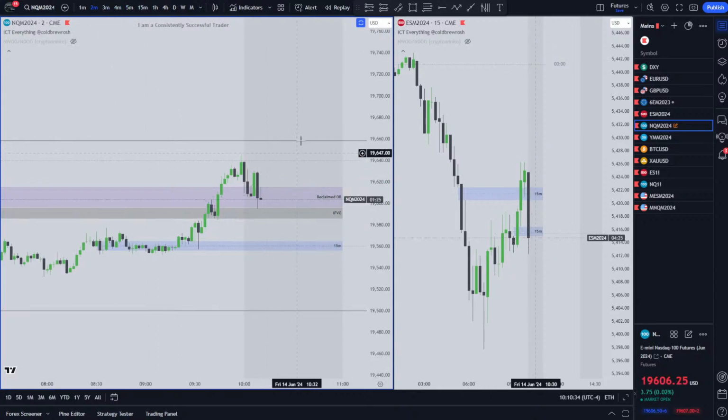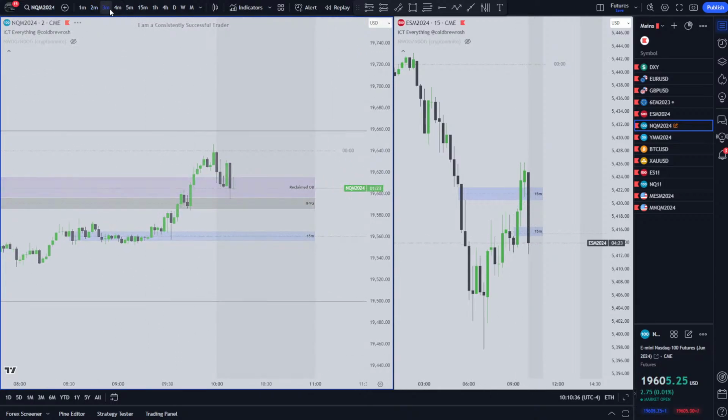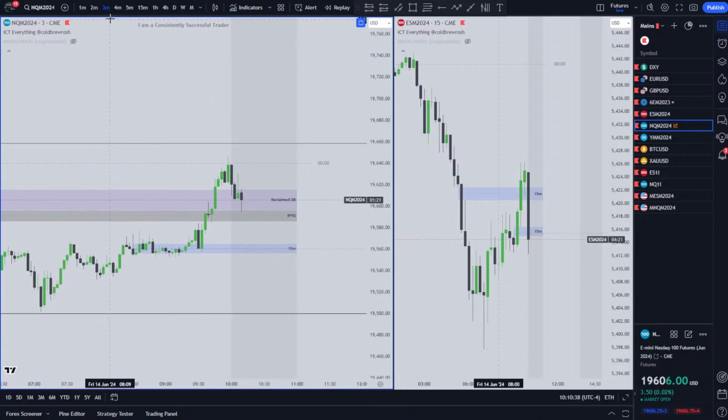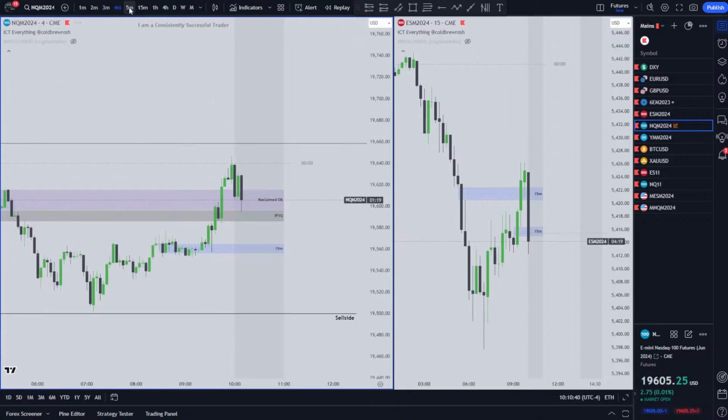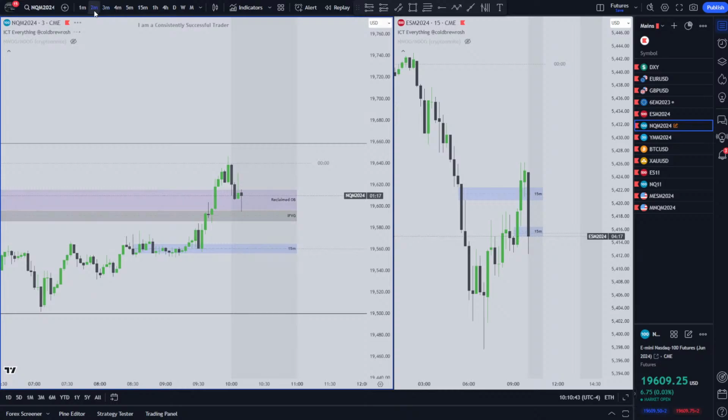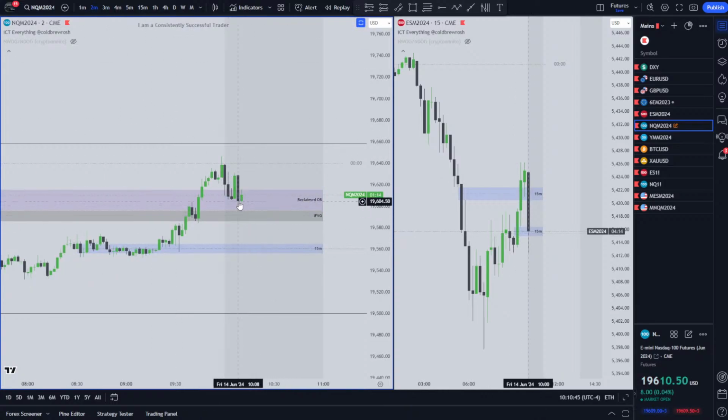Right, we're still waiting for a good liquidity sweep. Maybe on the 3 minute for this scenario. We're waiting for something more.